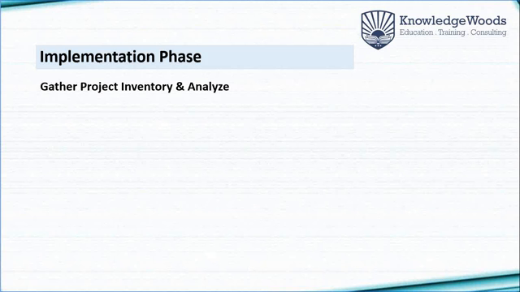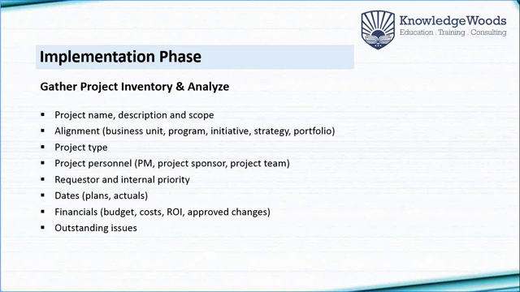So some typical data of the projects that you can collect are related to project name, description, their scope, how they are aligned to the business strategy, the vision, what type of project it is, what kind of resources are being used, what are the schedule plans, when it started, when it is going to finish, what are the costings and issues. Any issues that are there.